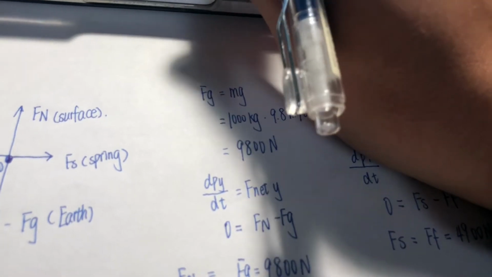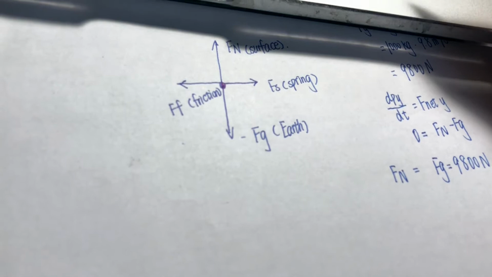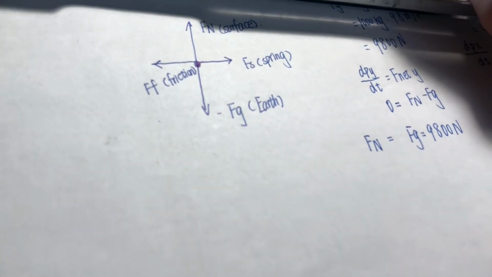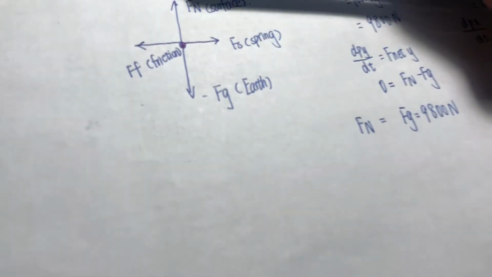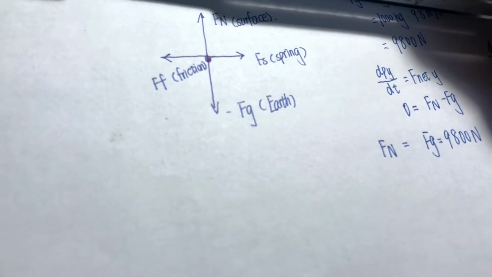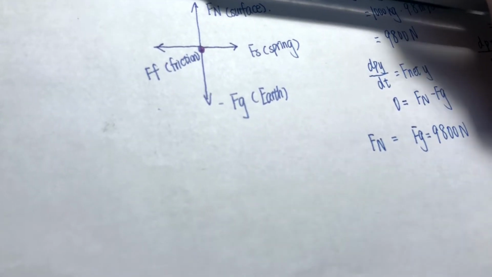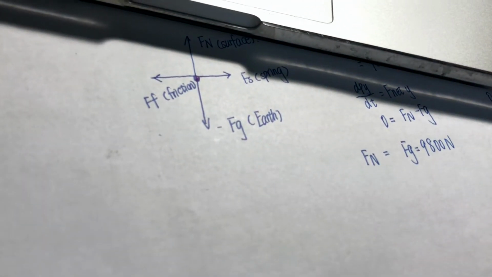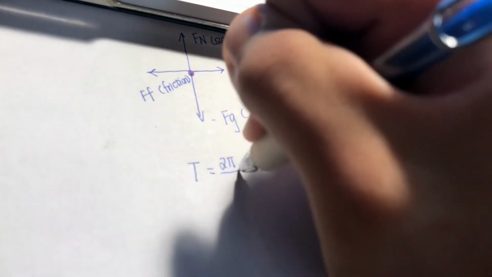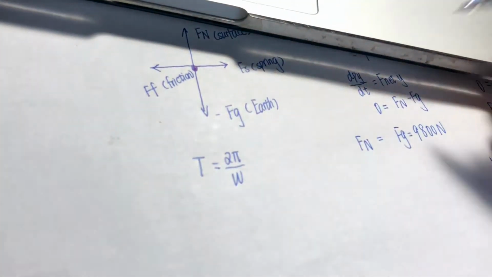And then we jump to part C. Suppose the block is detached from the tractor and lifted by a crane using the same spring, as the block bobs up and down, determine the period of oscillation. So we use this formula, since it is the period of oscillation, which is T equals 2π over ω.